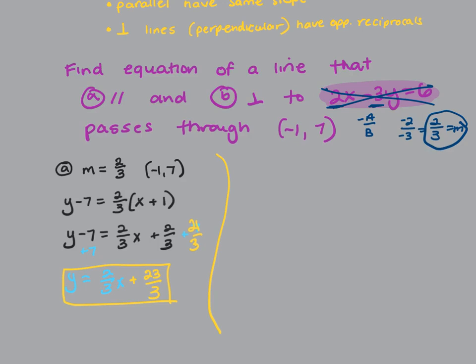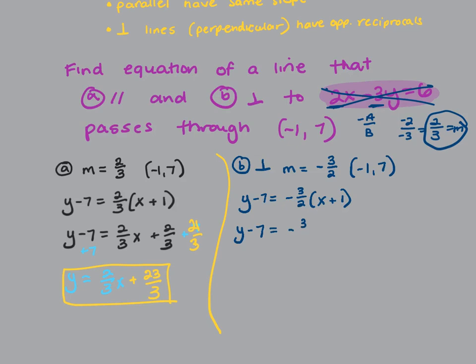Then I want to do that whole process again, but B, where it's perpendicular, which means my slope is now the opposite reciprocal, -3/2, still passing through the point (-1, 7). So y minus 7 equals -3/2 (x minus a -1, which is +1).